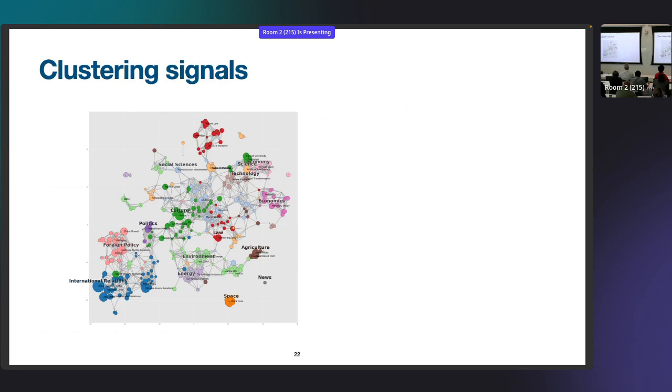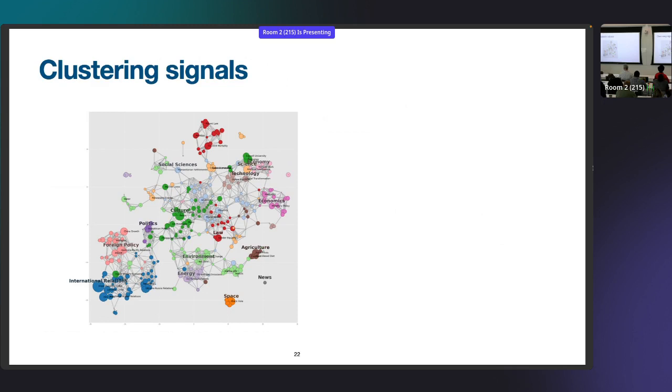And here we have the potential downstream tasks. The first one that we introduce is signal clustering. Here we have an example of a map where we have international relations, energy, foreign policy, economics.